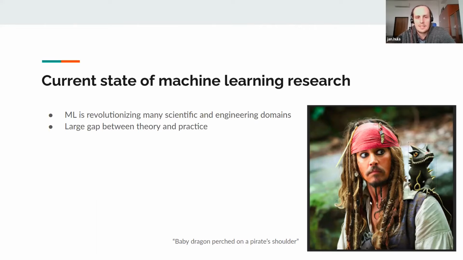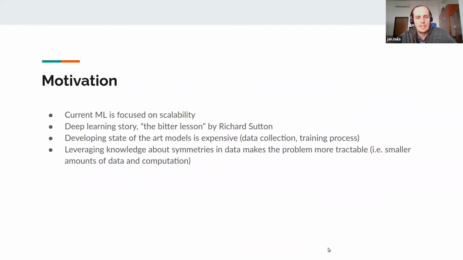So that's the current state of the research, and many people focus on scaling. There is this famous blog post by Richard Sutton, who is one of the main figures in this area. The blog post is called "Bitter Lesson," and the message he tries to convey is that usually you can try to do all kinds of clever things, but at the end, if you scale the computation, you get much better improvements.